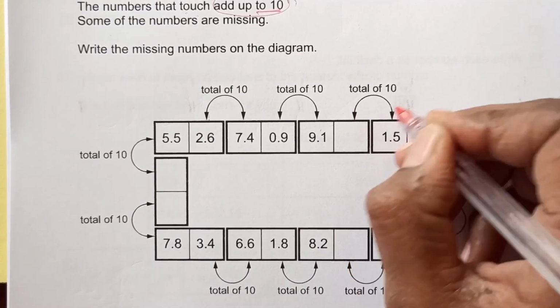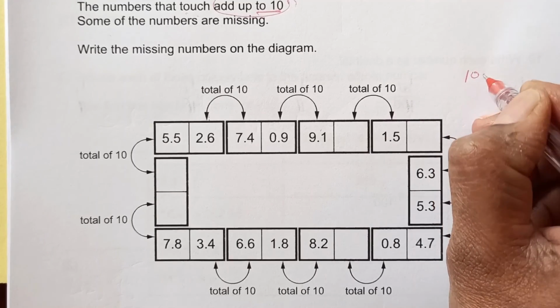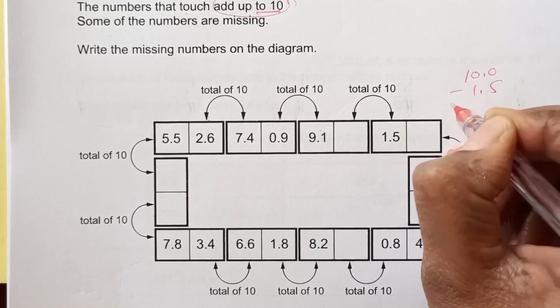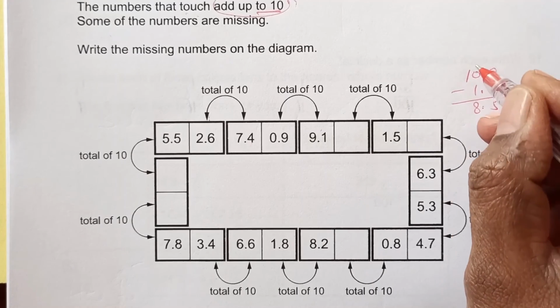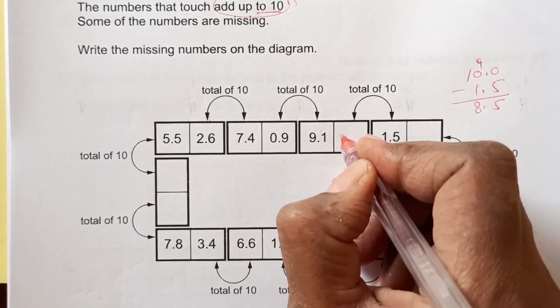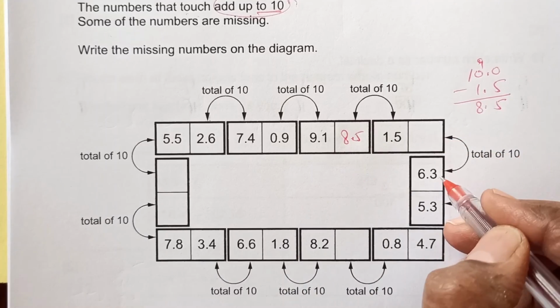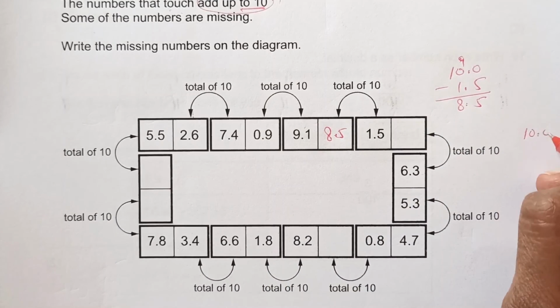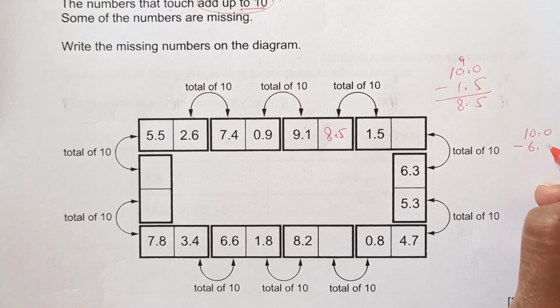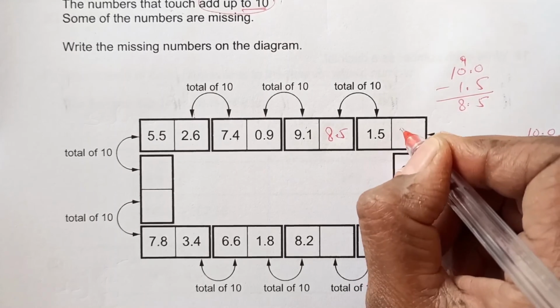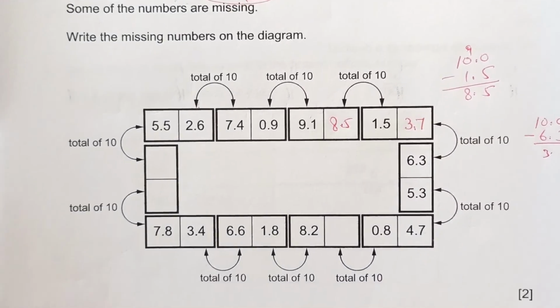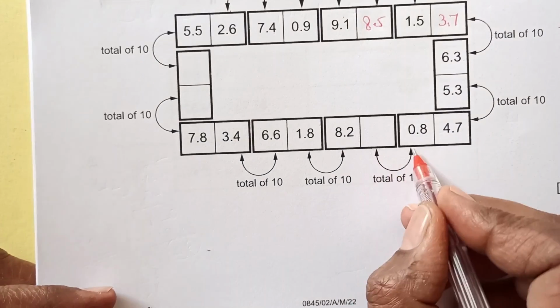So that means 10 minus 1.5. This is going to be 8.5, right? Now this and this is also 10. So 10 minus 6.3 is 3.7. So just subtract the number from 10.